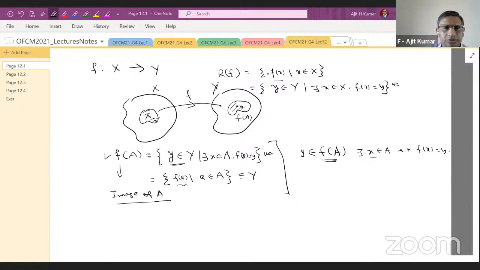So now let me ask you some simple questions. Suppose I take, let us say, my A is the empty set. If A is the empty set, what can you say about f of A?